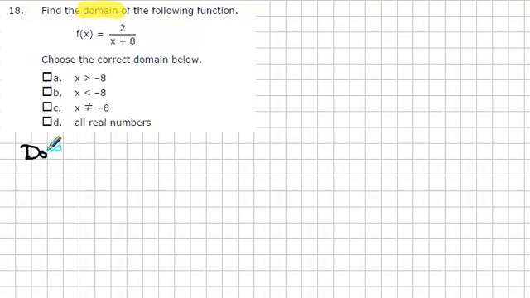Well, the domain is the set of valid inputs.